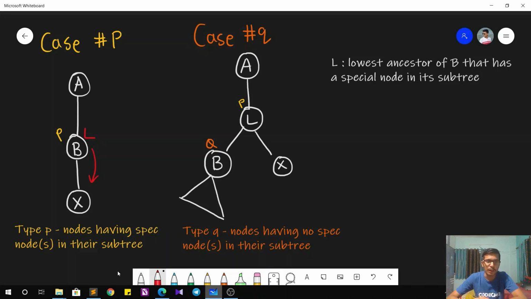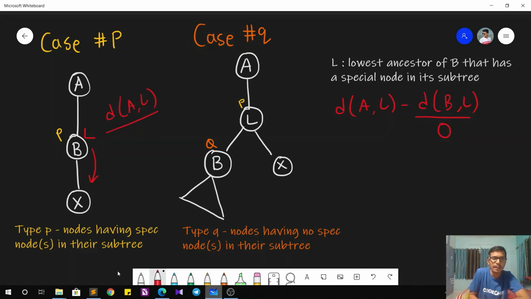So in that case, our statement was d(A, L) minus d(B, L). This second one will be 0 in the first case. So the answer will be just d(A, L). And we already know the distance from A, that is the root of the tree, to any node is nothing but the depth of the node. So in this case, the value of this expression is nothing but the depth of B itself.